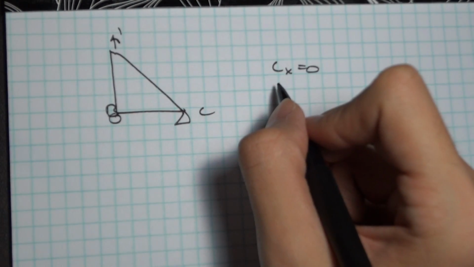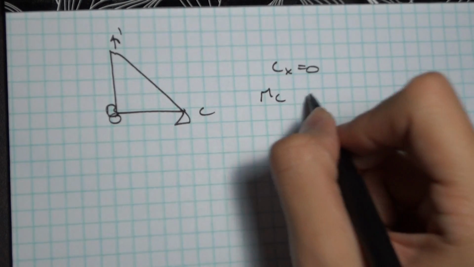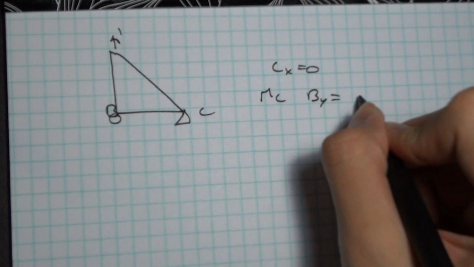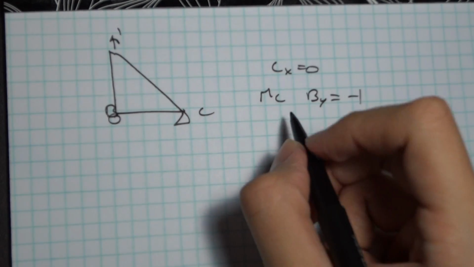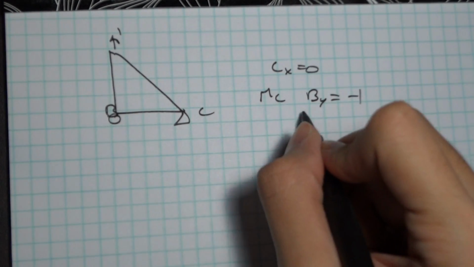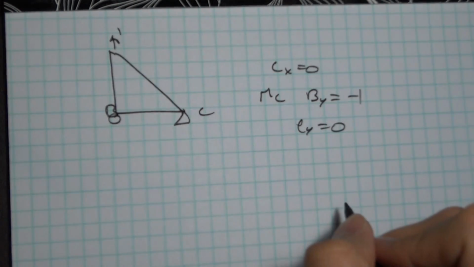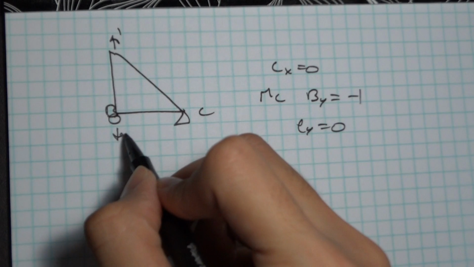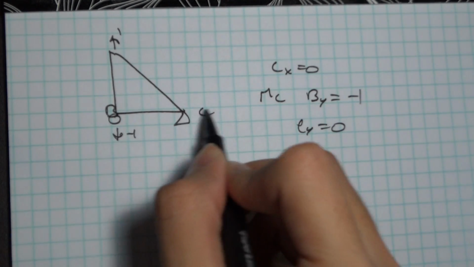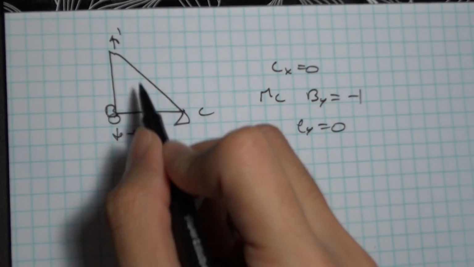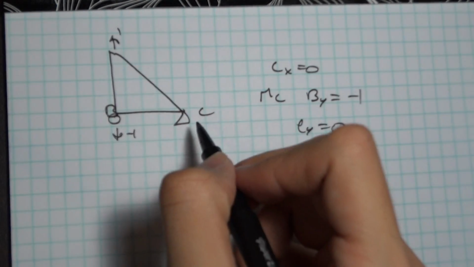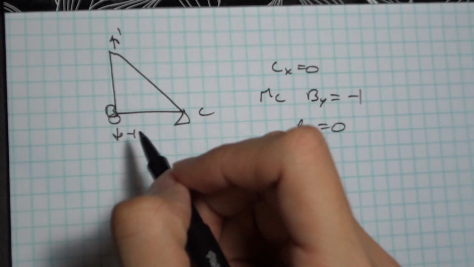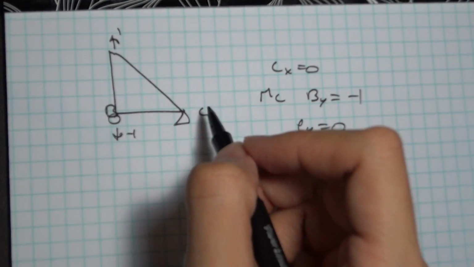What about Cy? If I take moment about C, I end up getting that By is equal to -1. And therefore, by sum of forces in the y direction, Cy plus 1 minus 1 equals 0. Therefore, Cy equals 0.